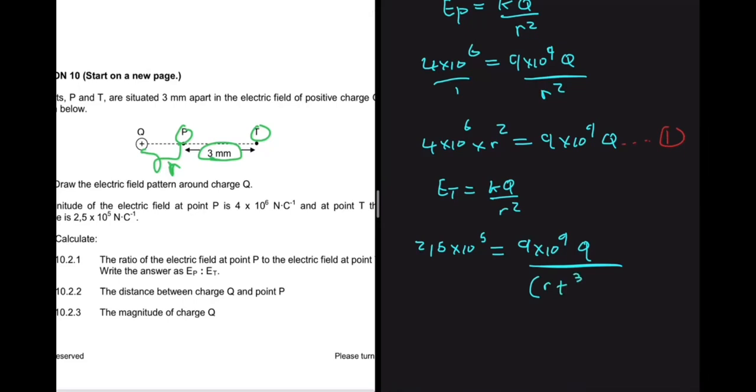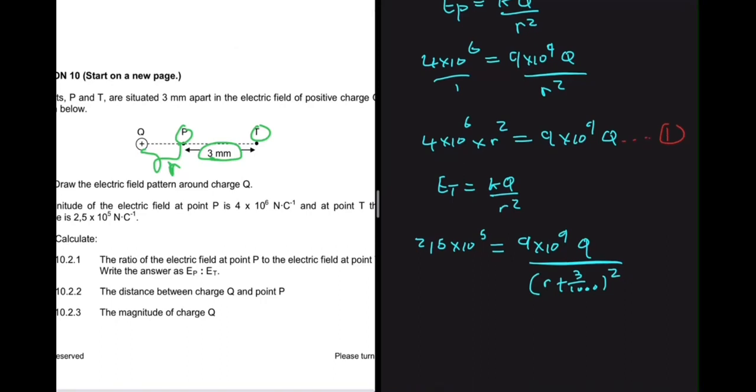We don't deal with millimeters in physics, we deal with meters, so we have to divide that by 1,000. So we're gonna have 3 divided by 1,000 squared, right? Now you can see that we have 2 variables. We're gonna end up with 2 equations, and then we're gonna find R, right?